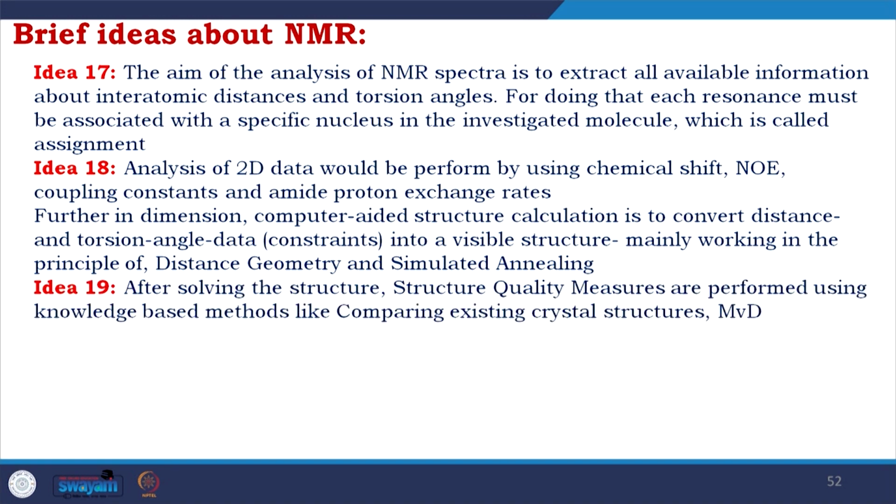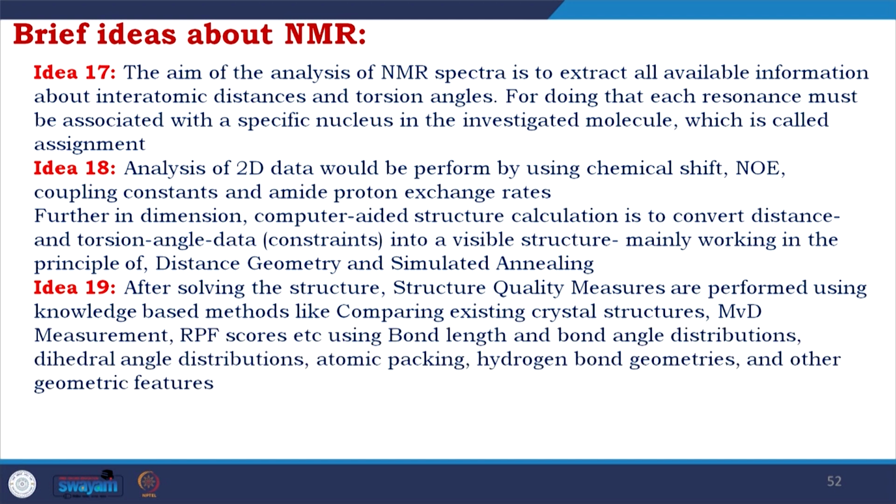Idea 19: after solving the structure, quality measures are performed using knowledge based methods like comparing with existing crystal structures, RMSD measurement, RPF score, etc., using bond length and bond angle distribution, dihedral angle distribution, atomic packing, hydrogen bond geometries and other geometric features.